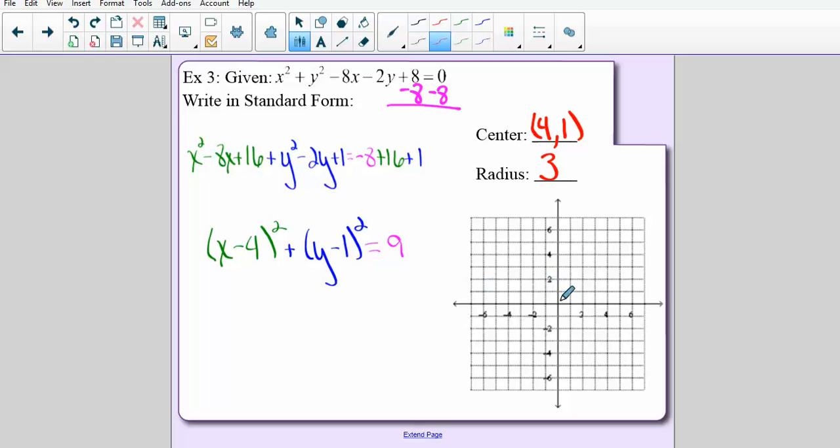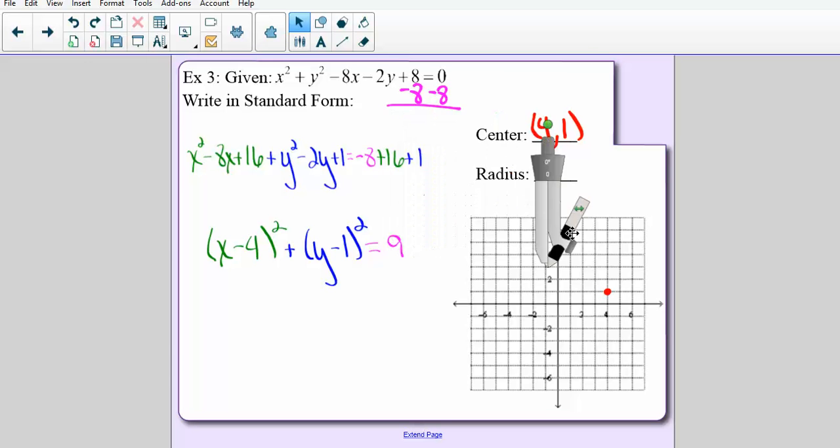So that's the information we're going to use to graph our circle. There's my center. I'm going to open my compass to a radius of 3. 1, 2, 3. And I can draw my circle. And there we go. Not too bad, right? Not too bad. All right, so next problem.